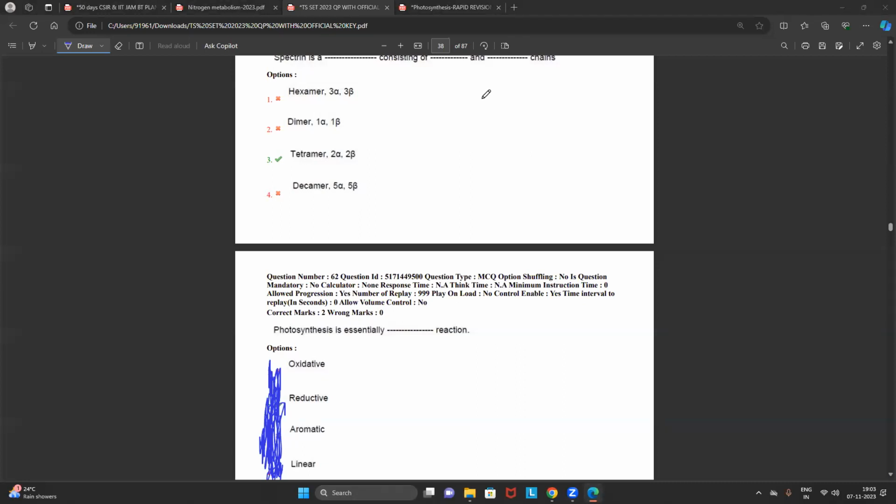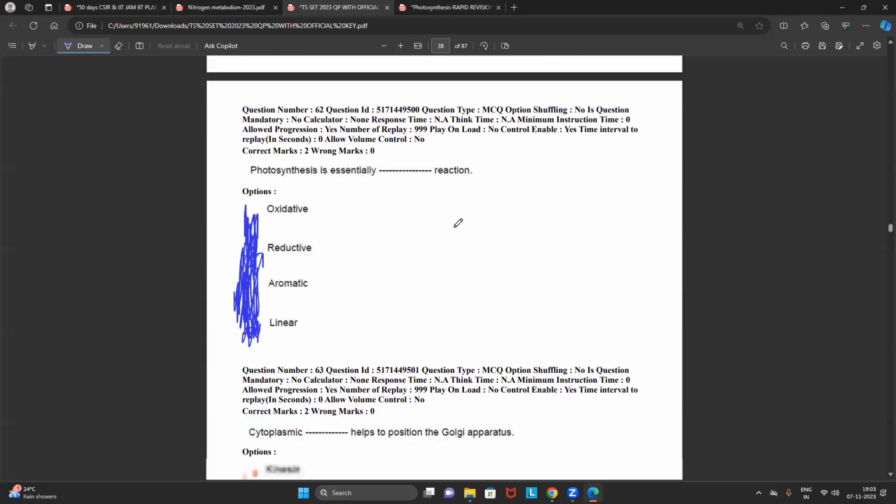From the topic of photosynthesis, they have given 3 questions in the paper. From the topic of nitrogen metabolism, they have given 1 question. Let's see how many of you can answer this.